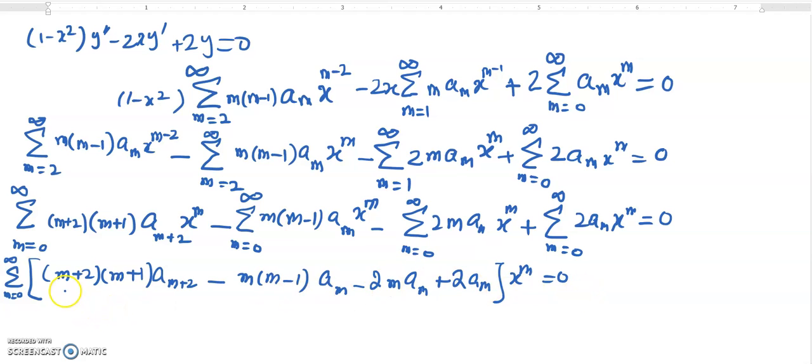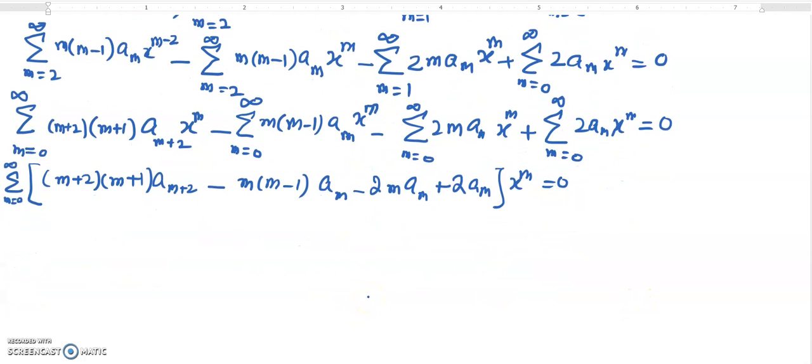So now this whole term in the parenthesis should be 0 in order for this equation to hold true. So we can simplify it. How can we simplify it? (m+2)(m+1)a_{m+2}, and then I can combine these a_m terms.